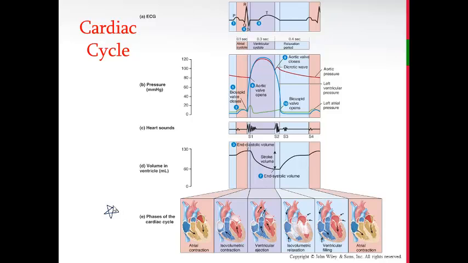First, we're going to focus over here, and then we'll bring in the ECG part as well as the pressure and the volume. Okay, so let's do it slowly. The phases of your cardiac cycle start from here.